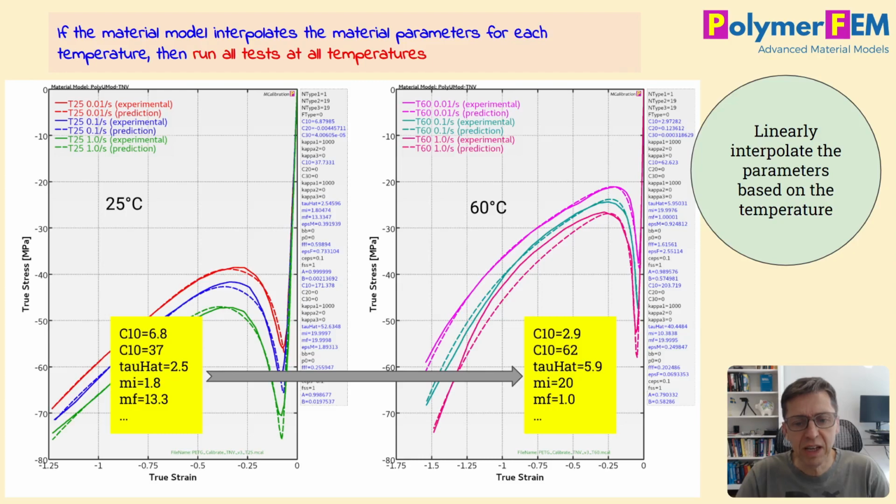Otherwise, you can't really find the individual temperature-dependent material models. So that's the story. If you have a material model that you want to use that needs to be interpolated, do all the experiments at all temperatures. It gives you a lot of freedom, it gives you a lot of accuracy, but it also requires a lot of tests.